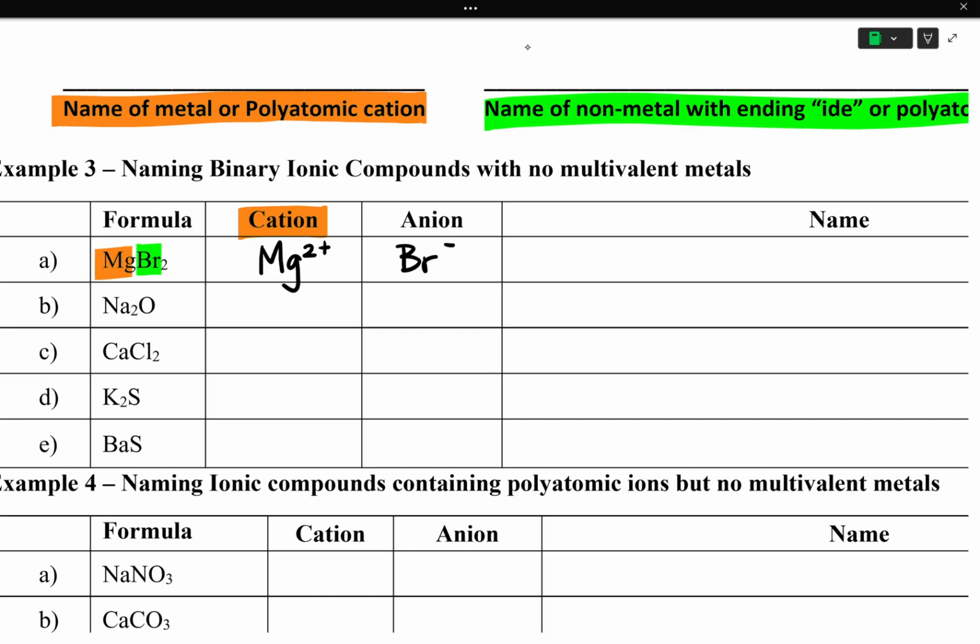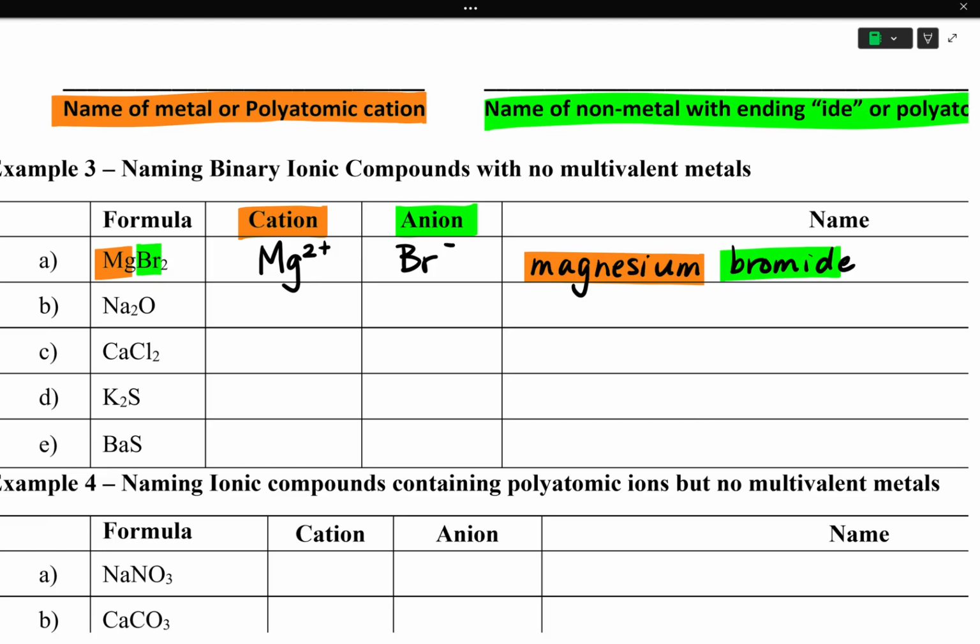So now what we do is we just write the names out. The cation is going to be magnesium. We don't use ion, we're just going to write magnesium. There's the cation, and then we write the anion, bromide. And that will be the ending of the compound, magnesium bromide.